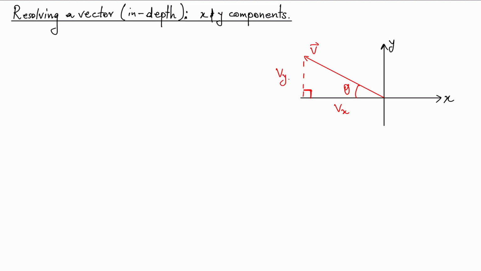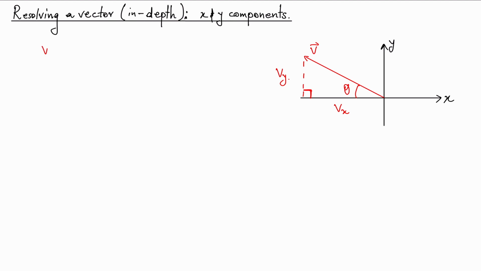The side v sub y is opposite to the angle, so it plays the role of the opposite side in this right angle triangle. Whilst the side v sub x is close to the angle, but it's not the hypotenuse, so we call this side the adjacent side. And now we can use the familiar trig ratios that enable us to find the opposite side to the angle and the adjacent side to the angle. So let's go ahead and write these down.